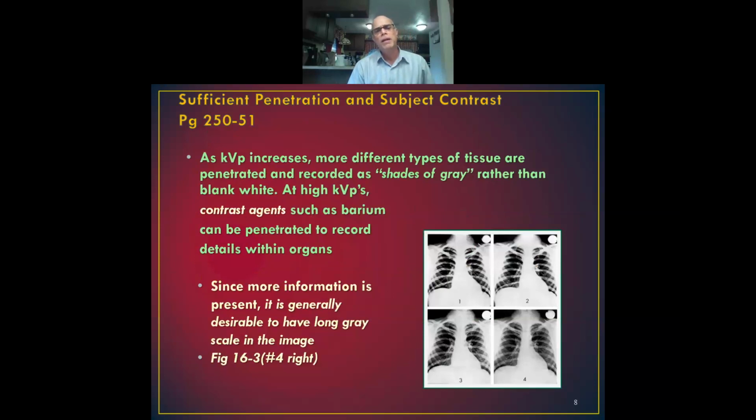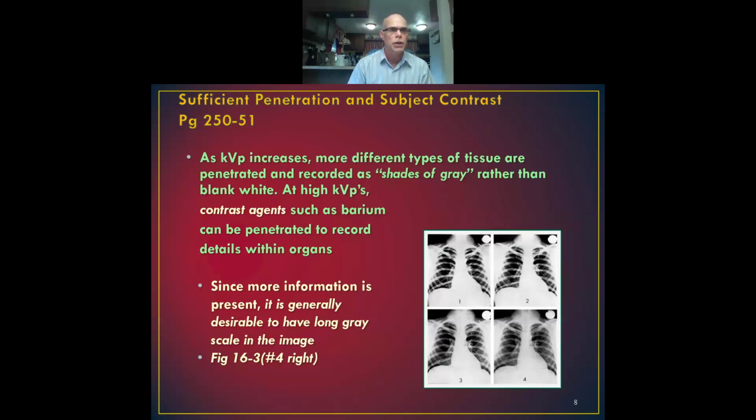And going over from page 250 to 251, sufficient penetration and subject contrast. It says, as kVp increases, more different types of tissue are penetrated and recorded as shades of gray rather than blank white. Now, if you have blank white, you have total absorption of the beam. So there was nothing to be recorded on the image.